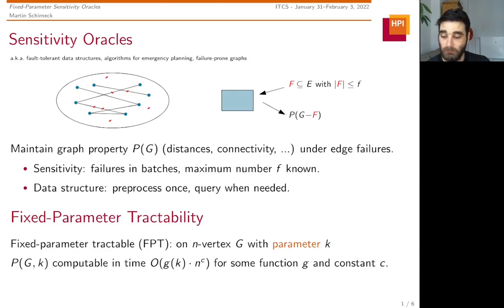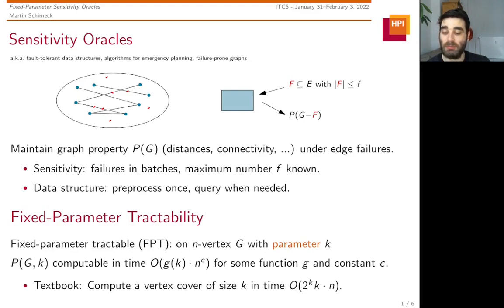So the textbook example is if we only care about a vertex cover of size at most k, then we compute it, if one exists, in time 2 to the k times linear in the graph size. So we confine the combinatorial explosion of that problem solely to the parameter. And if we fix k to a certain value, hence the name, the whole algorithm becomes linear time. And it does not matter whether we fix k to 2 or 42.